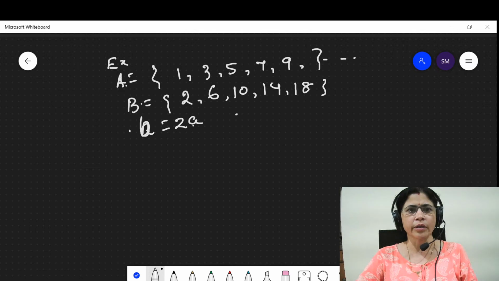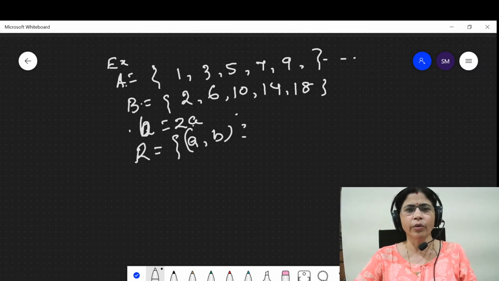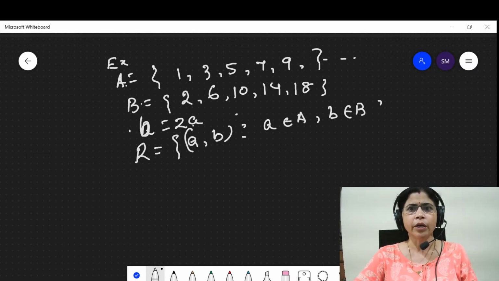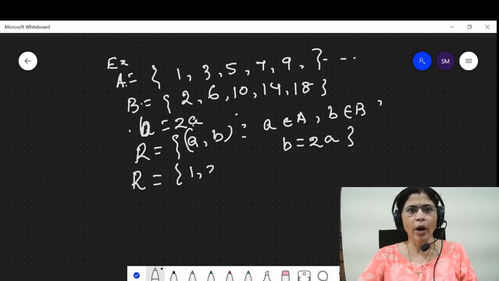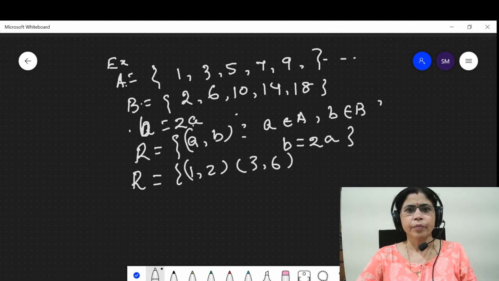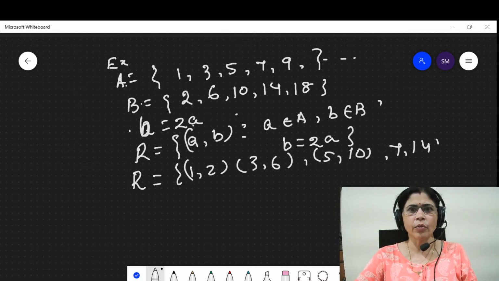Then R is the relation from A cross B such that a belongs to A and b belongs to B such that b is equal to 2a. Then in roster form we can write 1 related to 2, 3 related to 6, 5 related to 10, 7 related to 14, and 9 related to 18.